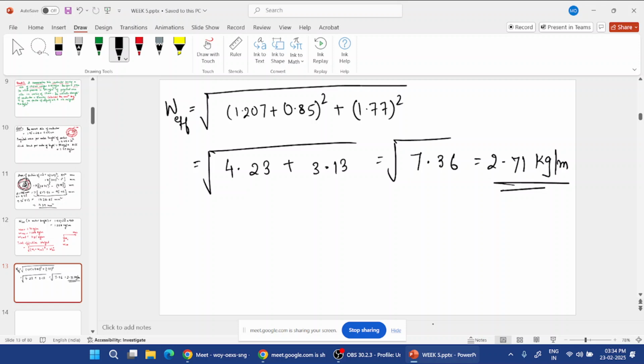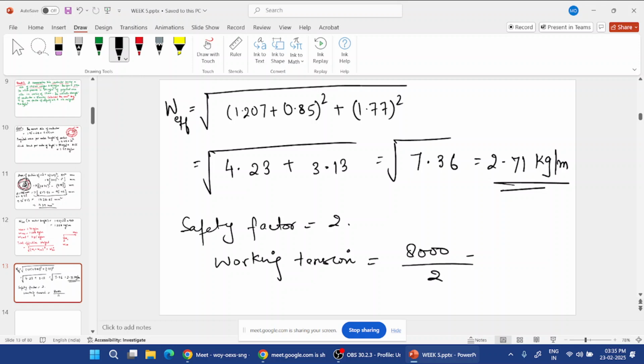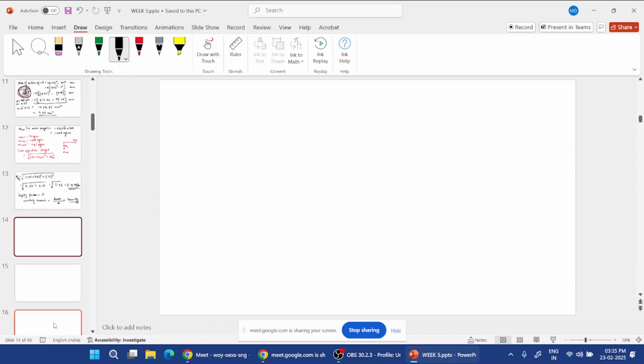Now, the working tension, what will it be? The safety factor is given. Safety factor is 2. So the working tension will be equal to 8,000, the ultimate stress, divided by 2, which is equal to 4,000 kilogram. Now we are going to calculate the C. It's a simple formula.